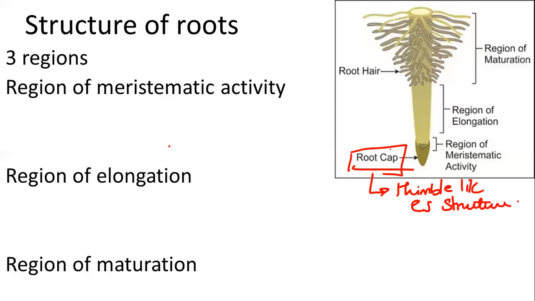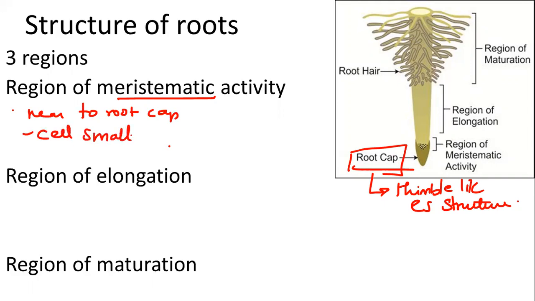This will be covering the whole region of the meristematic part. So when we talk about the three root regions, the first one is the meristematic region, which is near the root cap. The cells are very small in size and active in division.